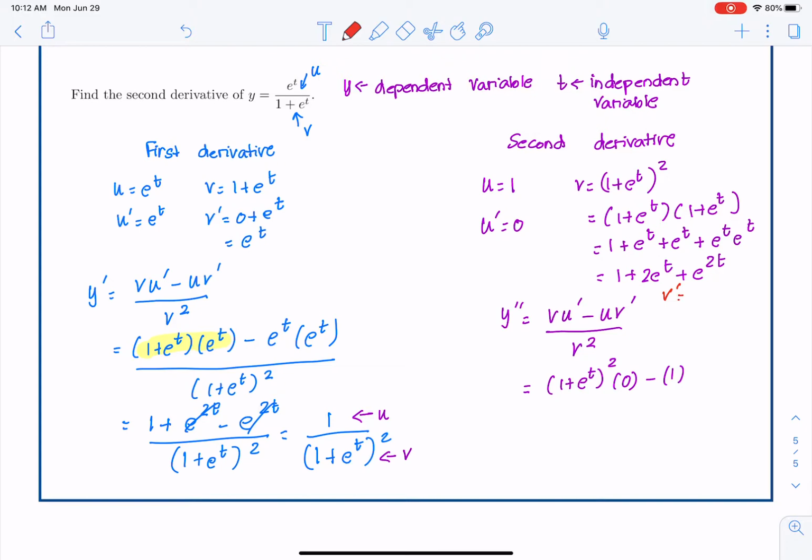V prime, the derivative of 1 is 0. The derivative of e raised t is e raised t. I will just make a statement and later on you will see the derivative of e raised to t is 2 times e raised to t. Again, that is based on chain rule. You just have to take my word for it for now. When we get to chain rule, you can come back here and verify this.